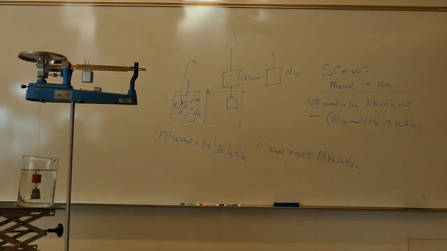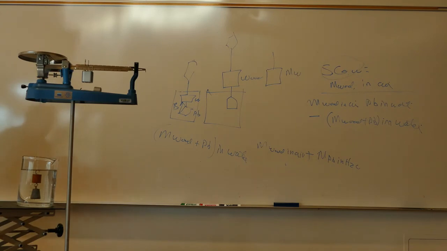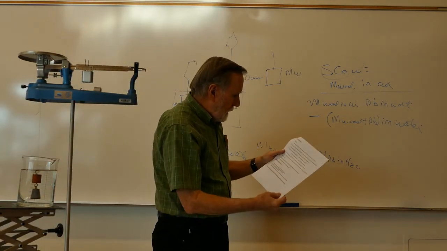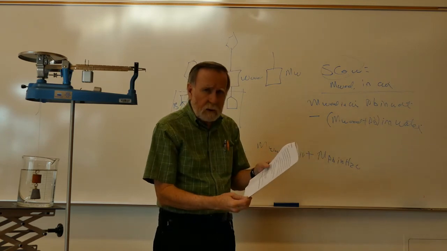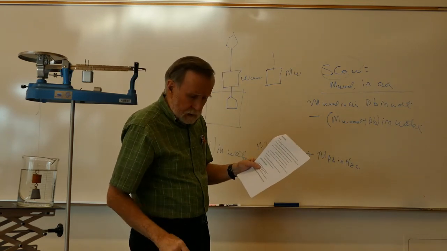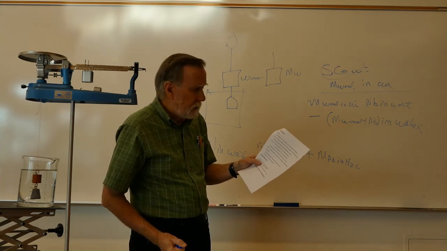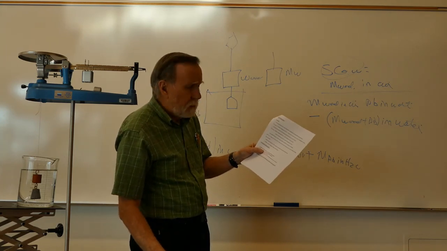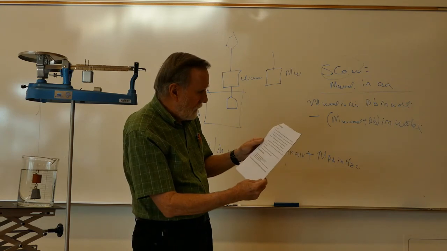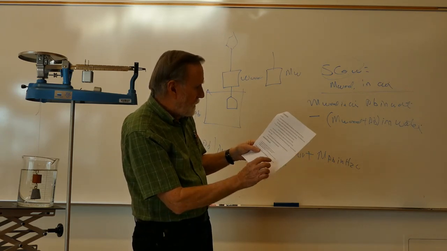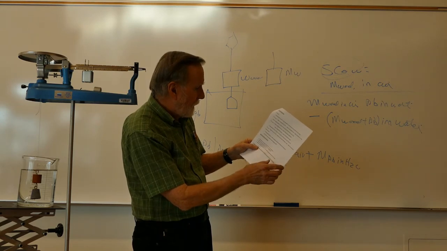The only thing you need to do is calculate the specific gravity of the wood, and I will be giving you on our Canvas website the actual densities of the alcohol and the wood, so that you have them to compare to calculate the measurement error and the percent difference.